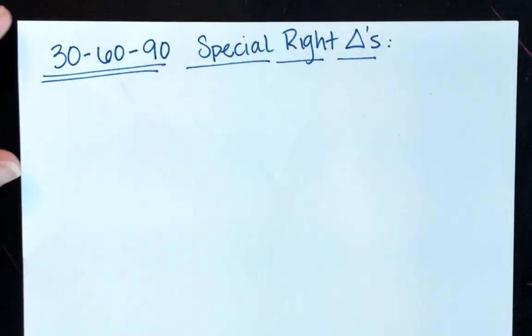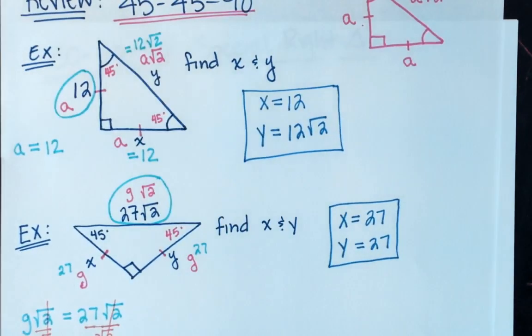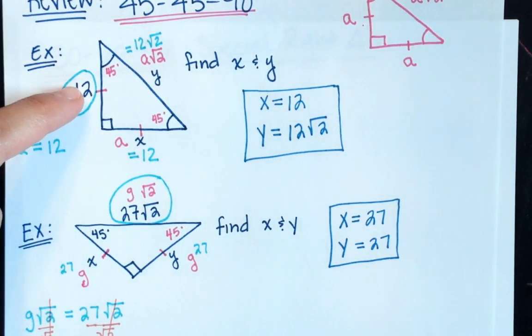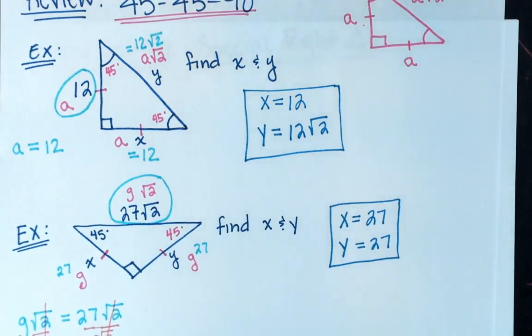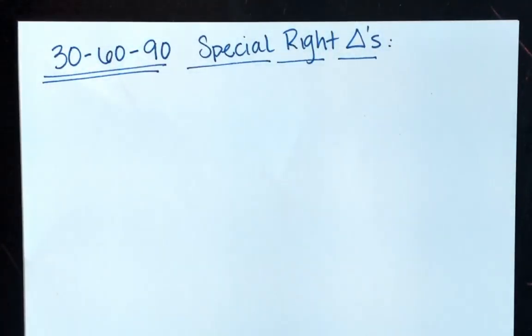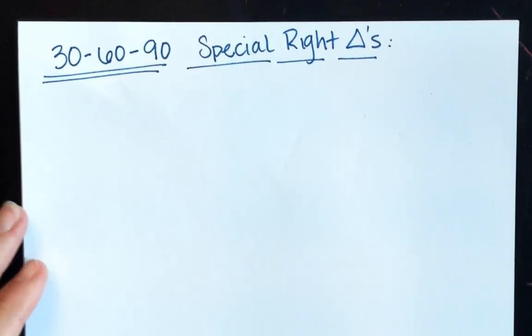It involves a lot of quadratic equations and examples that we don't need, because after looking at how these formulas worked for our 45, 45, 90, I really think looking at the formula that we're going to see for this one, it's going to be pretty easy to work with.